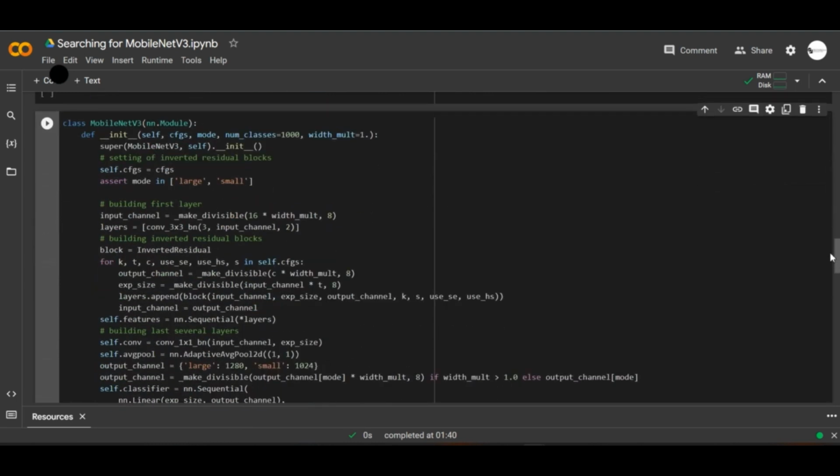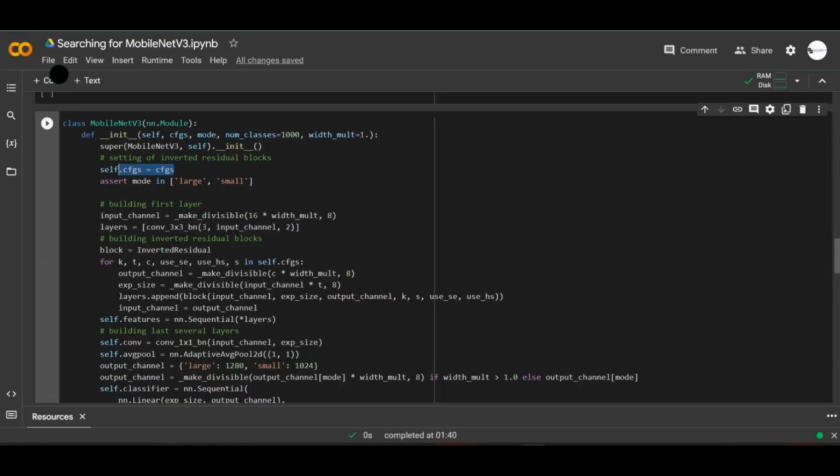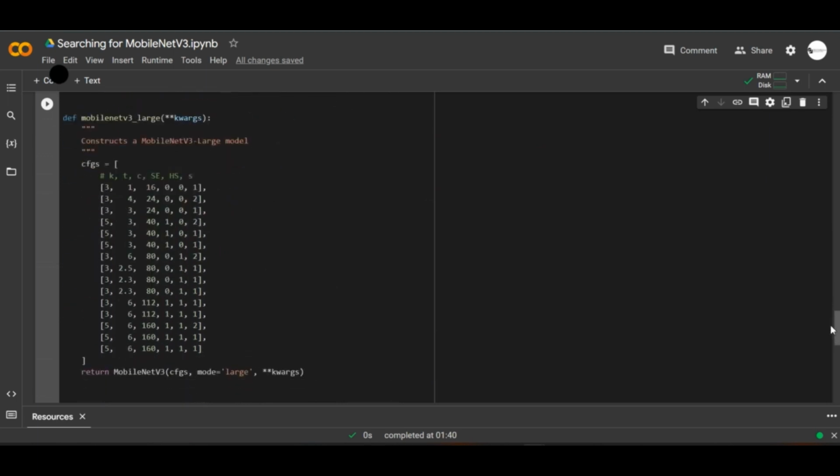What's going on here is that we firstly have these configurations. We can think of them as the expansion size, output, stuff like that. Let me scroll down so that I show you what they mean.